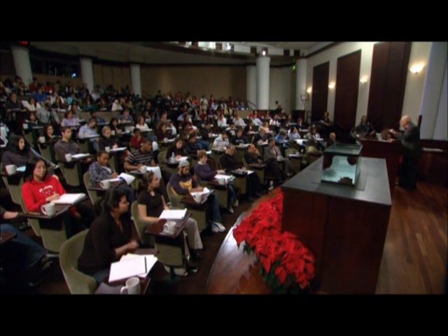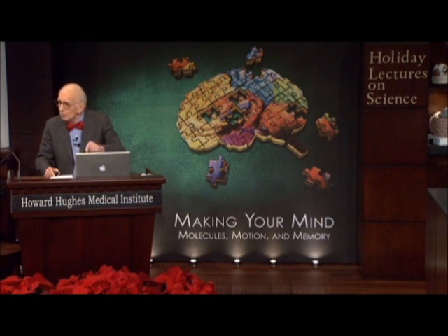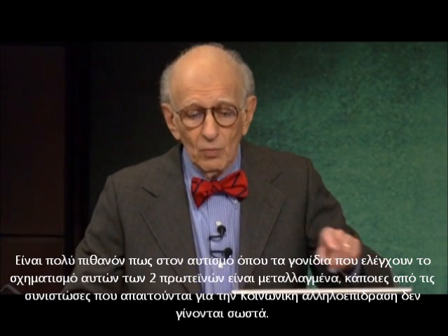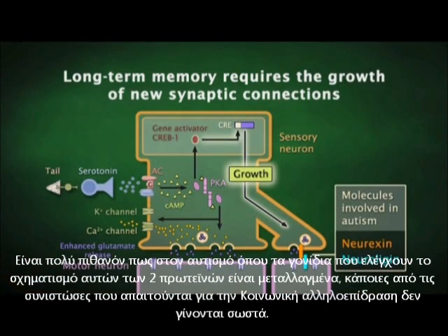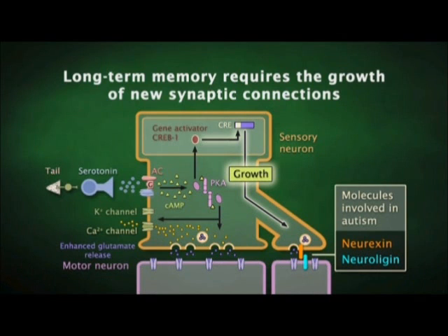And these studies show they're also important in the new growth associated with learning. And that suggests the possibility that one of the things that is defective in autism, in which these particular genes are mutated in certain individuals, is that they lack the capability to learn certain aspects of social interaction.